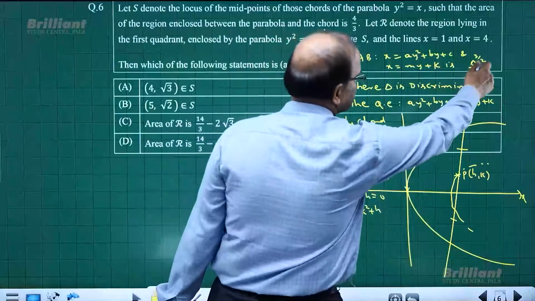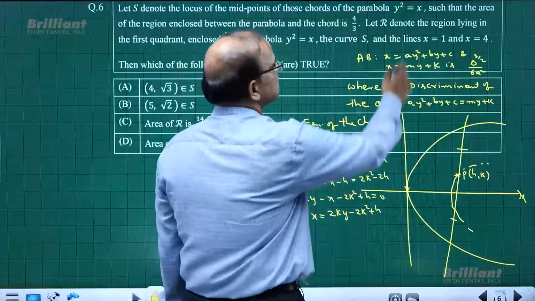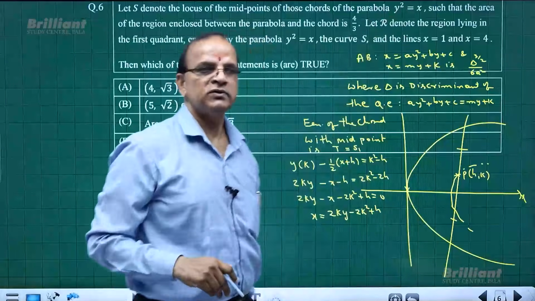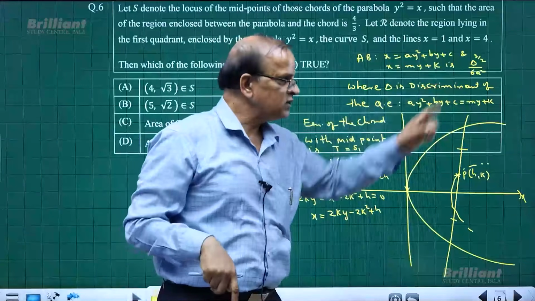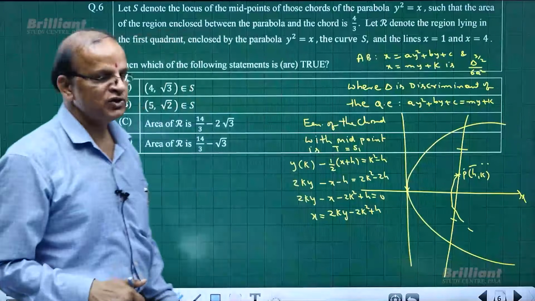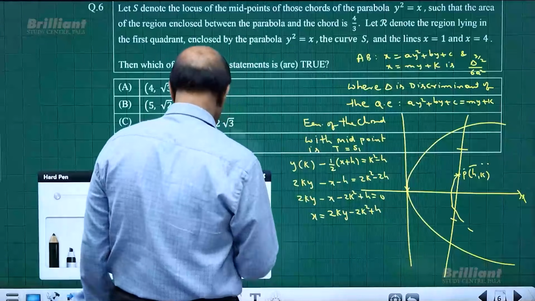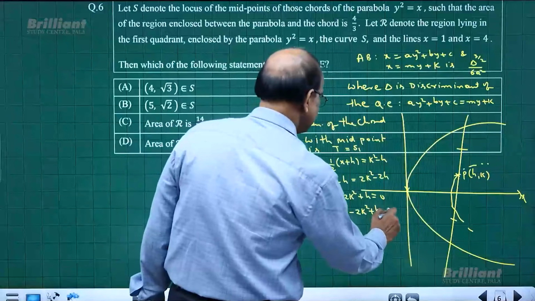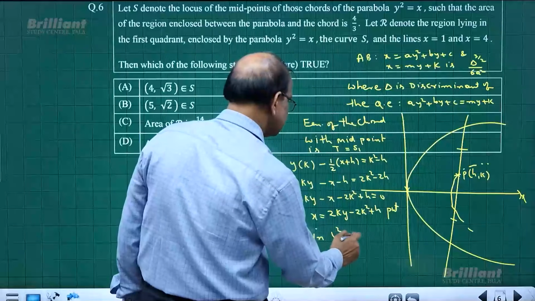So use delta power 3 by 2 by 6a square. What is that? Here this parabola, this you solve. Put this in y square equal to x. You will get a quadratic in y. For that discriminant, delta power 3 by 2 by 6a square, we will get the locus of h, k. So therefore, put this in y square is equal to x.